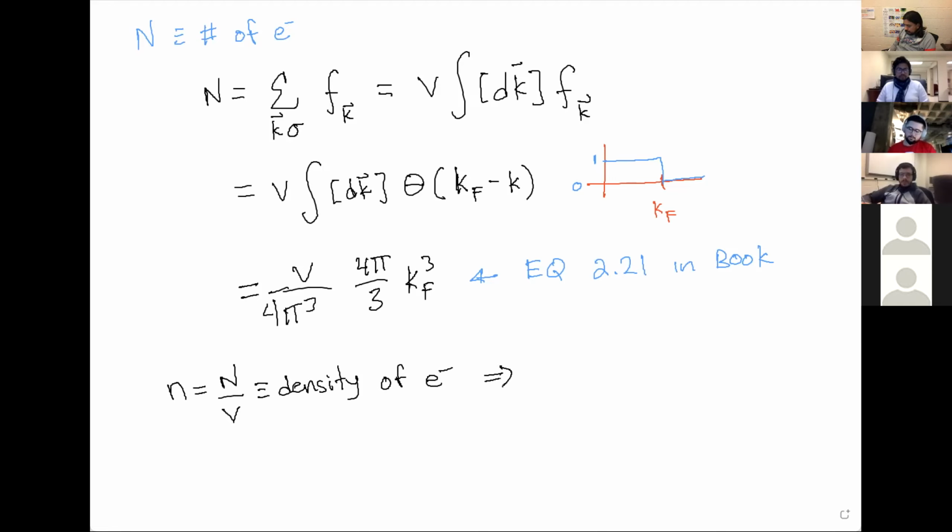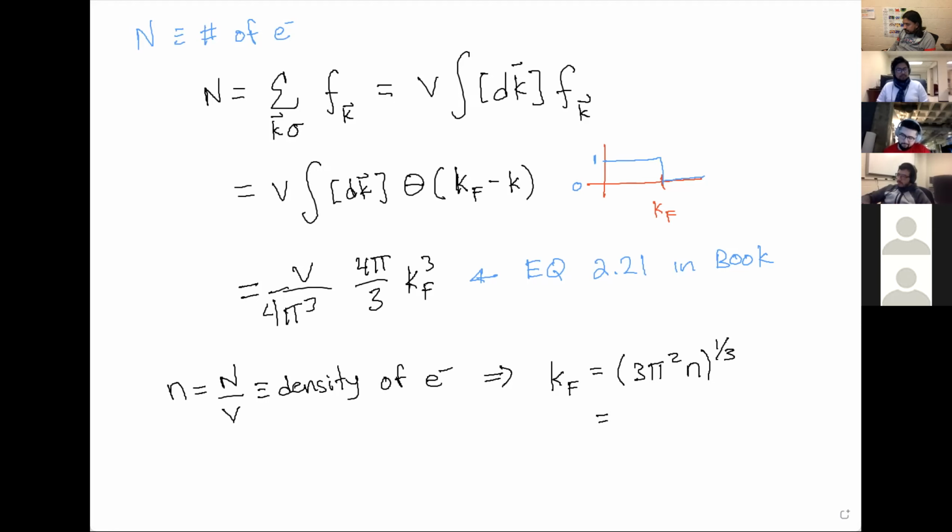So you can write that the Fermi wave vector is 3 pi squared little n, and the cubic root of that.